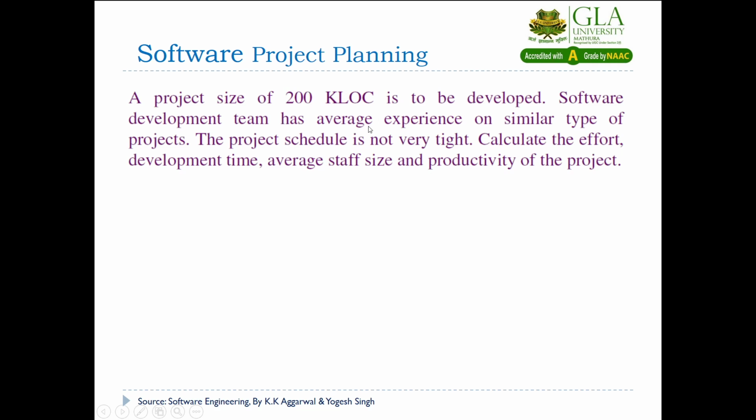A few other things are also given to you. Average experience: the average experience of the developers comes under the semi-detached type of projects, and also the schedule is not very tight, meaning it is the medium type. So there is no confusion. We will go for the semi-detached. You have to compute the effort, development time, average staff, and productivity.